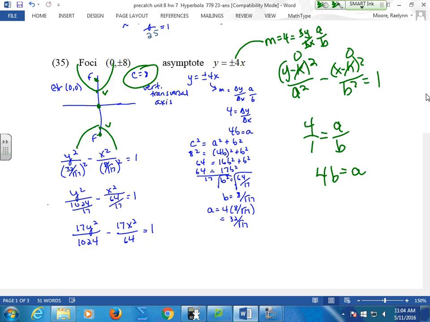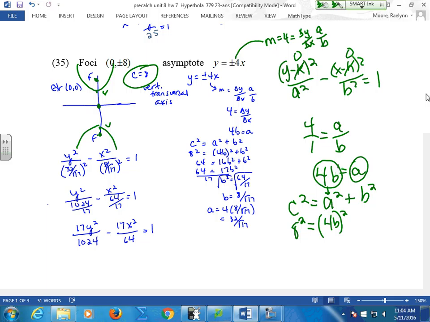Not looking too good. However, I do know c. Hang there with me. I do know c. And what is the value of c? 8. And I know that a is equal to what? 4b. So I can replace this.